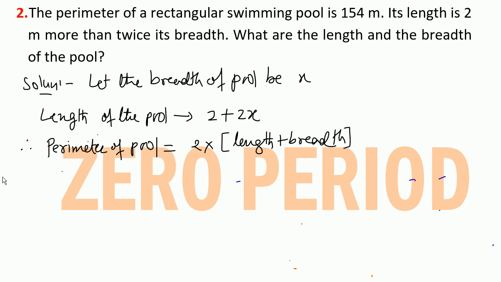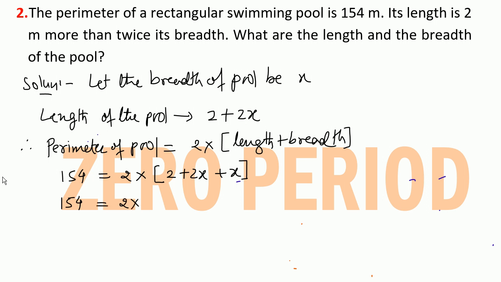Perimeter is given as 154, put that at the left hand side, 154, then 2 into length is (2 plus 2x) and breadth is x. So in this way you get an equation: 154 is equal to 2 into (2 plus 2x plus x). Solve the bracket.